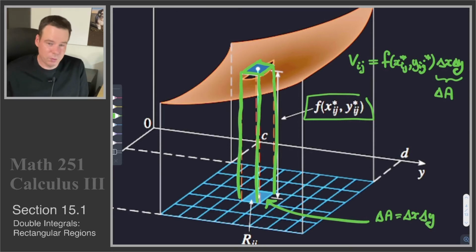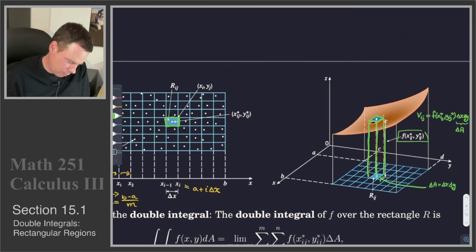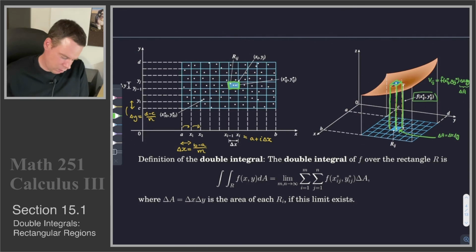And so I've got an expression for the volume of the ijth box, and then I just add up all of these volumes. And so that's what our definite integral becomes. We take the volume of the ijth box and we add up over all of them, so we sum j goes from 1 to n, i goes from 1 to m. That's the estimate for any given m and n. That's our estimate for the volume under the surface.